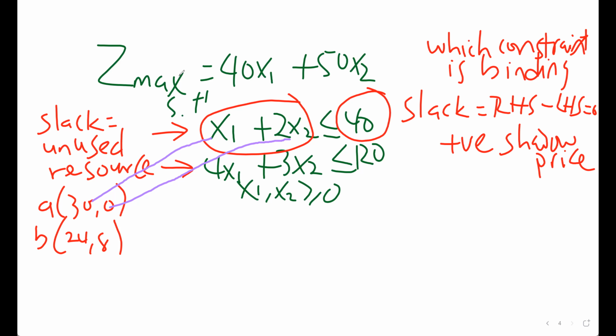What about when you put it into the second constraint? What do you get? Michael: you get 120.